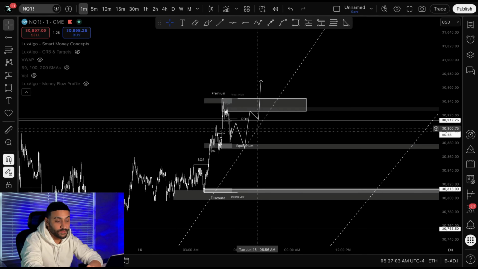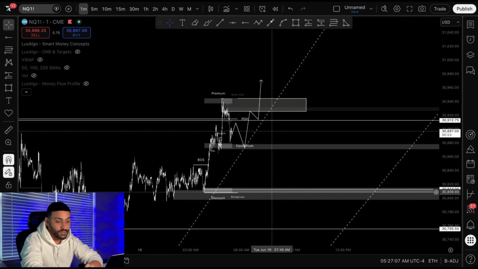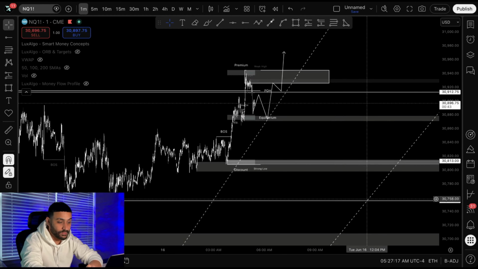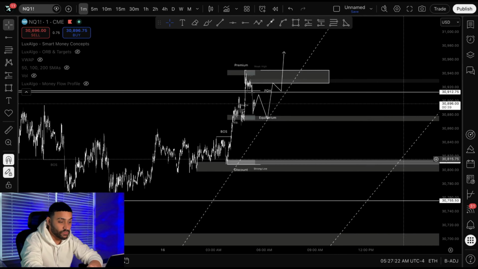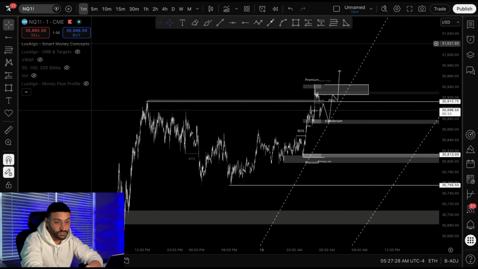Now if it fails trend line and starts to head back down here, then I'd be more willing to short this to this order block, which would be the 755, or I could also wait, be patient, and look to see if we're gonna bounce the 755, hold this trend line back up to the upside. So a couple different trade plans that you can make just from that there.